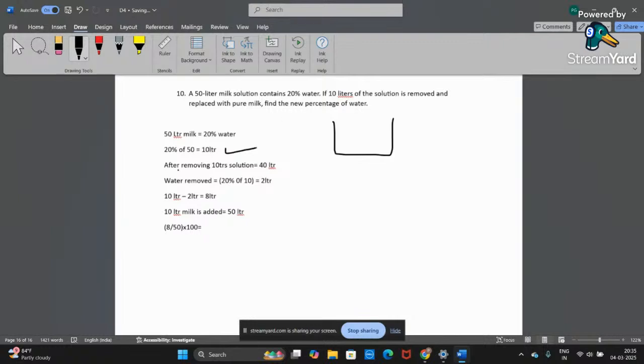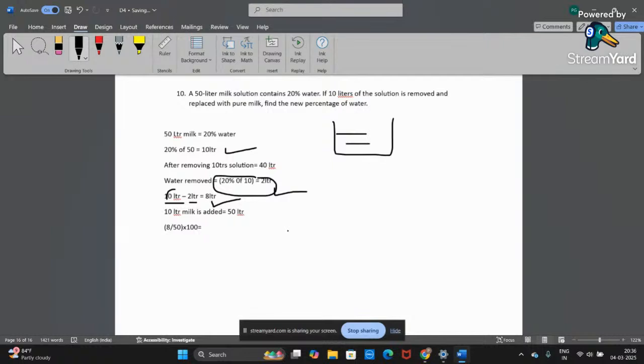Okay, in that 40 liter is remaining in the container. So when you're removing 20% of 10 liter, you're removing 2 liters of water. So you're cancelling this 2 liters with 10 liters of water, so presently there are 8 liters of water mixed with the milk.